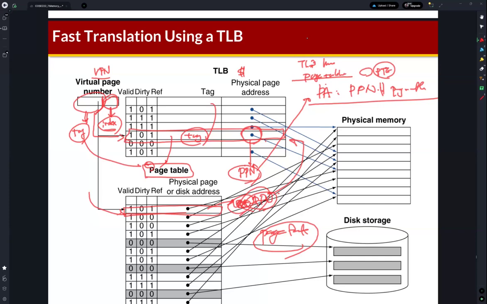The page fault can be detected by hardware, but it is handled by an exception handler, the page fault handler. The page in the storage is allocated to the physical memory, and then the page table needs to be updated. Okay?